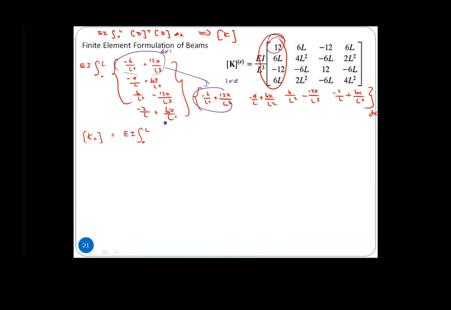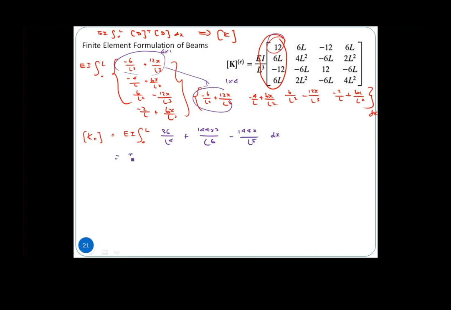So this is to get the first one, 12 EI over L cubed. We have negative 6 over L squared multiplied with negative 6 over L squared. We have 36 over L power of 4 plus 144x squared over L power of 6, then minus 144x over L power of 5 dx.